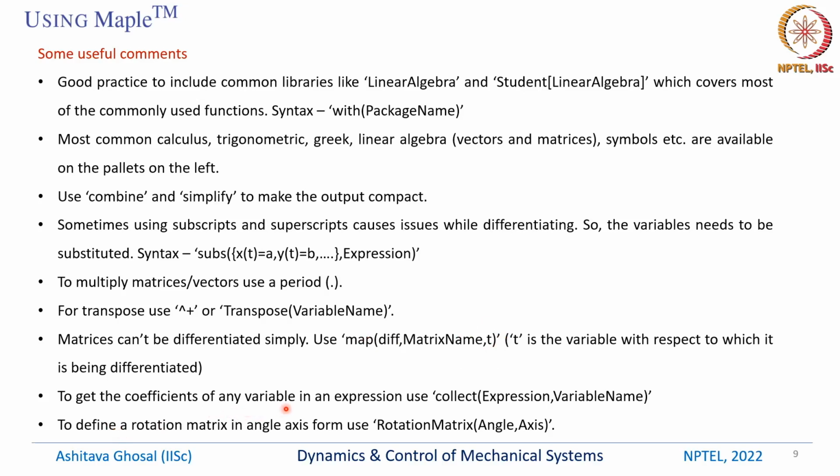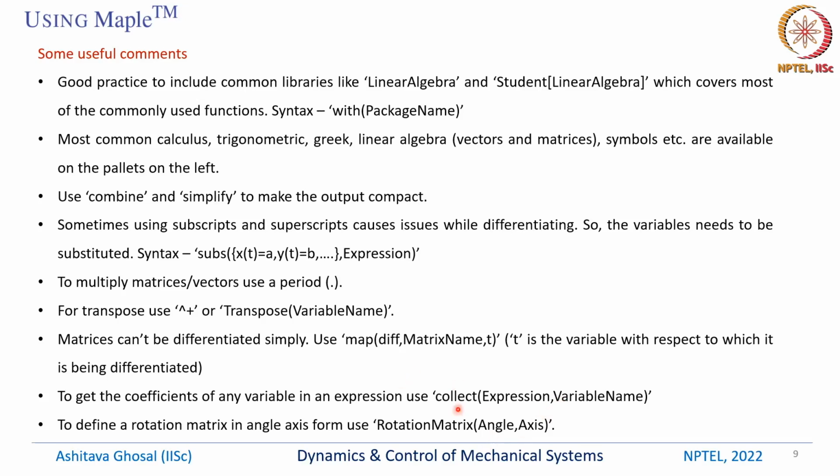To get the coefficients of any variable in an expression, use collect. So if you have a long expression and you want to find out what is the coefficient of theta 1 double dot, remember in the equations of motion, I had theta 1 double dot, and inside a bracket, I had I1 plus I2 plus M1 R1 square and so on. So how did I find all the coefficients of theta 1 double dot?